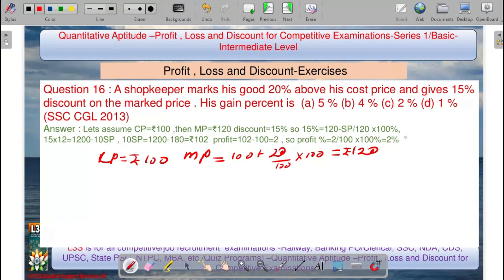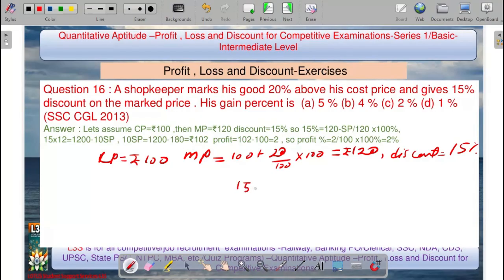And he gives 15% discount. So if we give 15% discount, what will be the sale price?